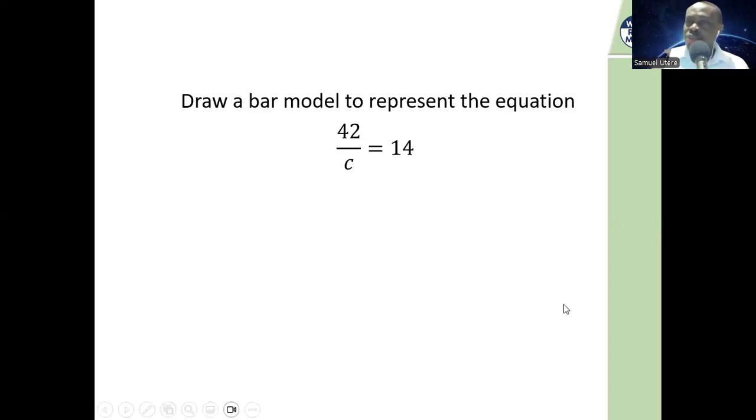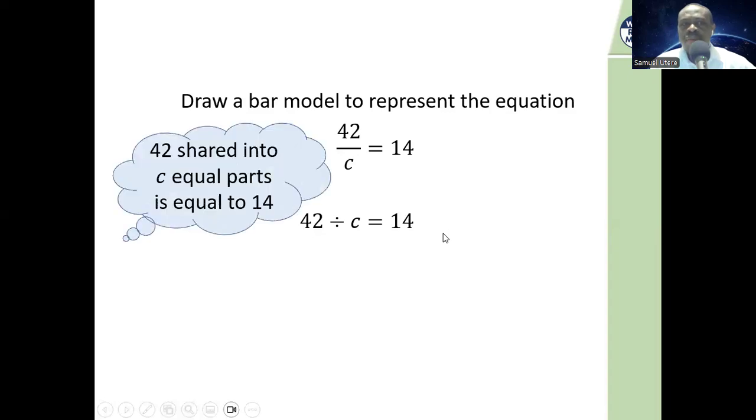There are 2 ways you could possibly think about this. The first one is you could think 42 shared into C equal parts, because that's how we've been thinking about bar models.